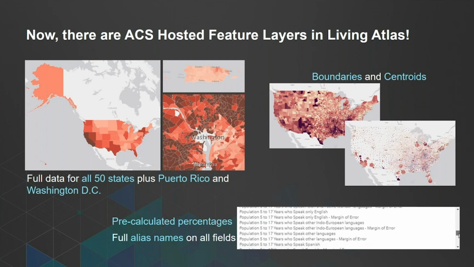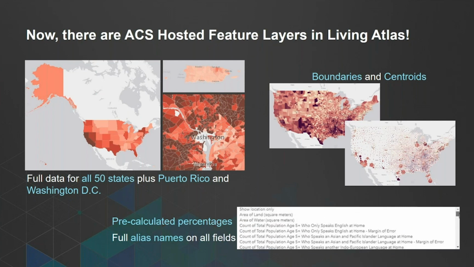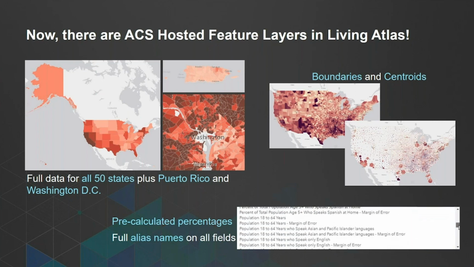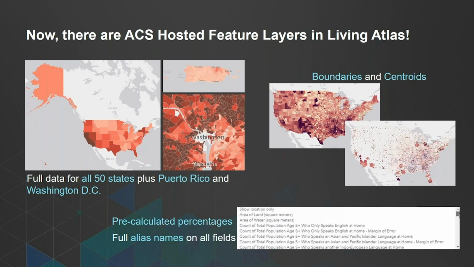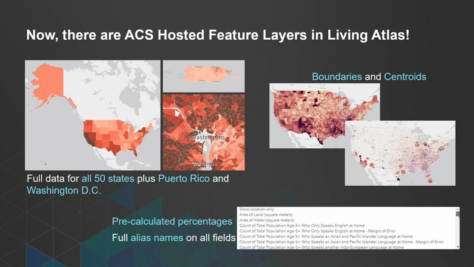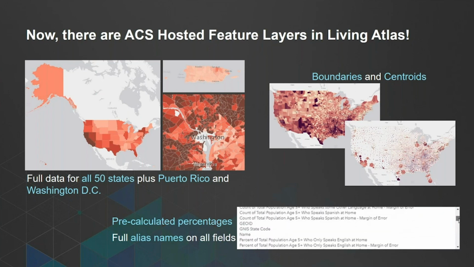You have to really understand what that means. While the fields are still staying true to those census ACS specifications, the alias names we've derived from the census's specs in order to be a little bit clearer. So it makes it an easier process when using these layers.